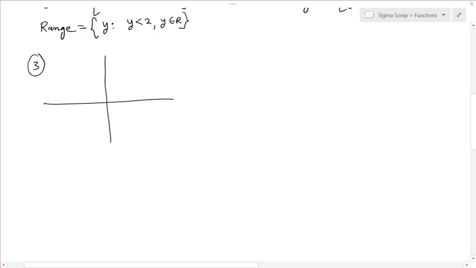Okay, let's look at this. This is a function of degree 3. It's a cubic function, and this point's coordinates are (-3, -2). For more information, I am going to put in coordinates for this point as well.